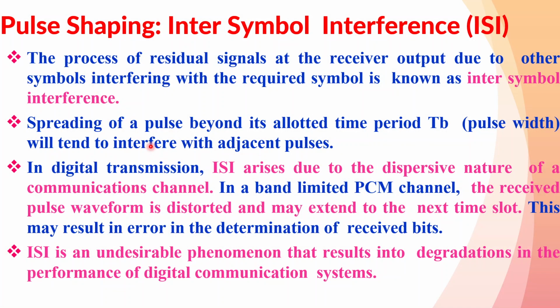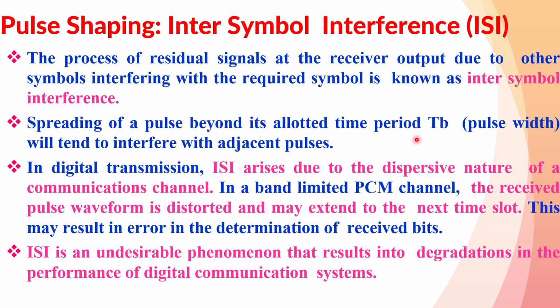The process of residual signals at the receiver output due to other symbols interfering with the required symbol is known as intersymbol interference. Because of the limited bandwidth of the channel, the symbol will disperse when transmitted through it. It gets dispersed and interferes with the subsequent symbol, and that distortion is called intersymbol interference, that is, spreading of the pulse beyond its allotted time period.